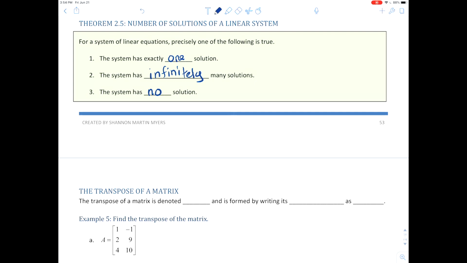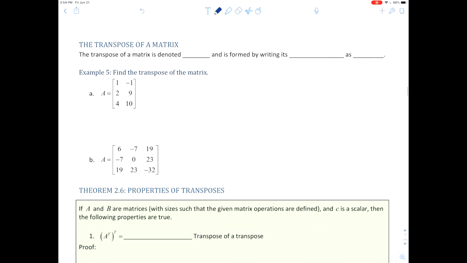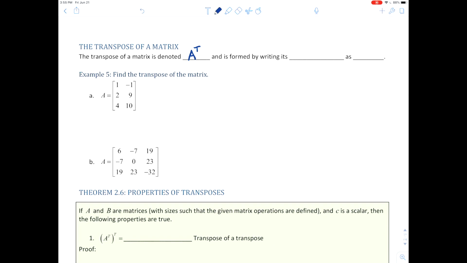The transpose of a matrix. The transpose of a matrix is denoted A and then a superscript capital T. That's the command in the graphing calculator.